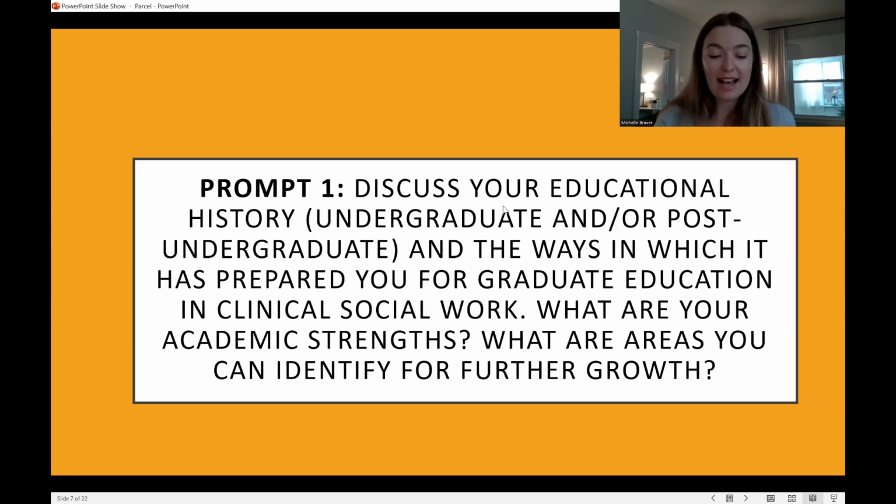So the school is asking this question to gain an understanding of your background and your goals and your desire to pursue social work. I'm going to break up the response into 2 parts because the first part of the question is asking about your educational history and how that's prepared you. And then the second part of the question is about your strengths and weaknesses.